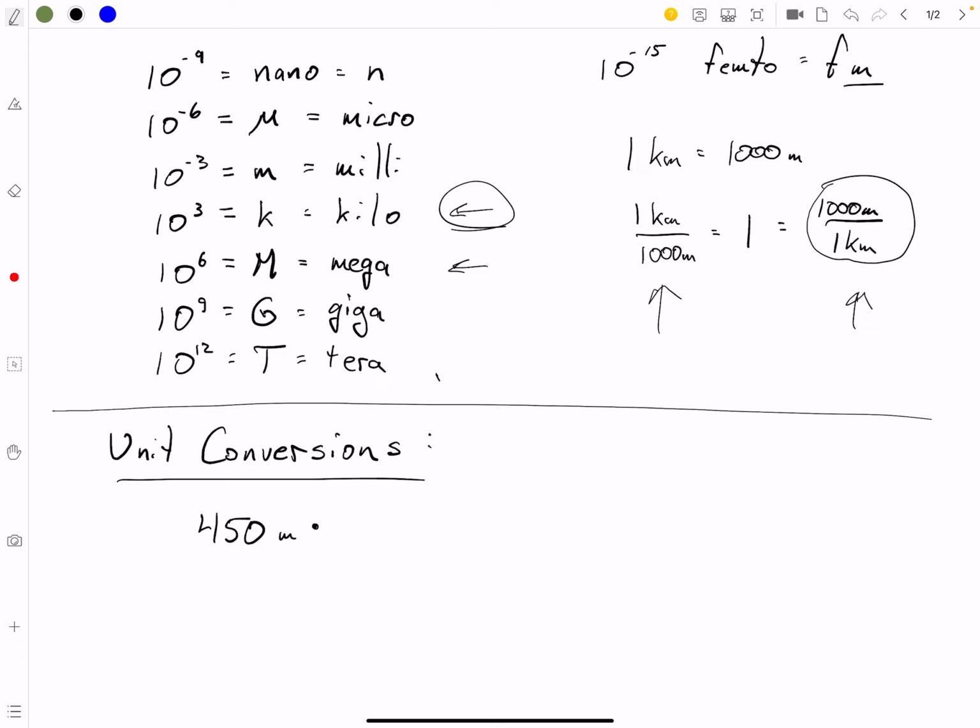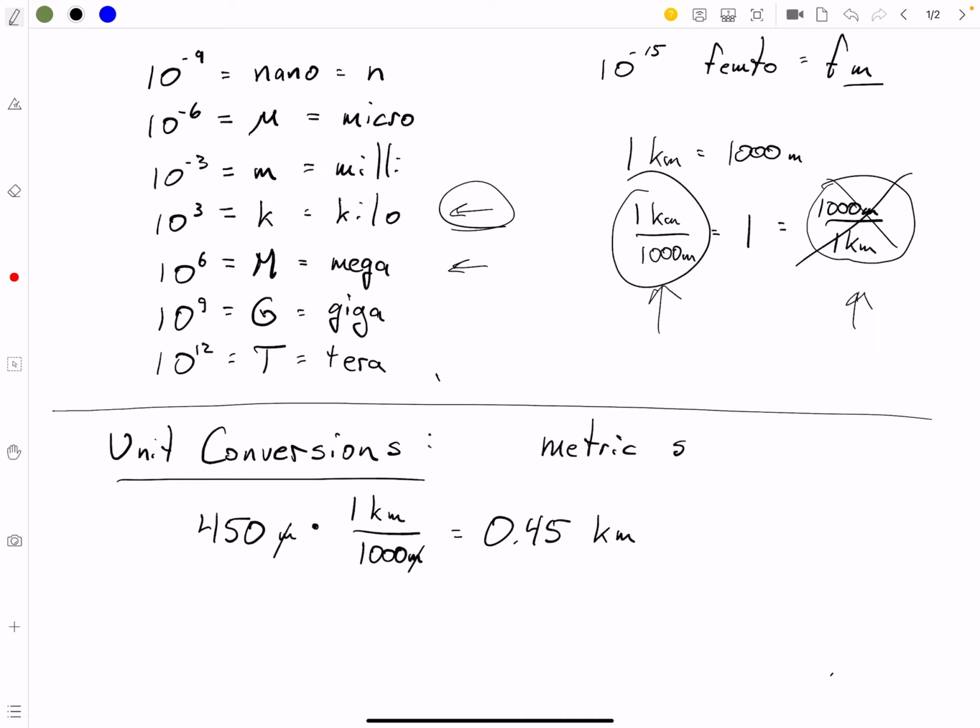So I don't want that. We want to take 1 kilometer divided by 1,000 meters. Then that has this in the denominator, this in the numerator, and those two cancel, and we're left with nothing but 0.45 kilometers.